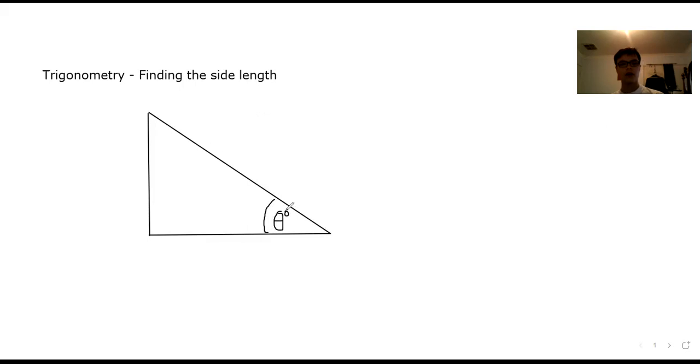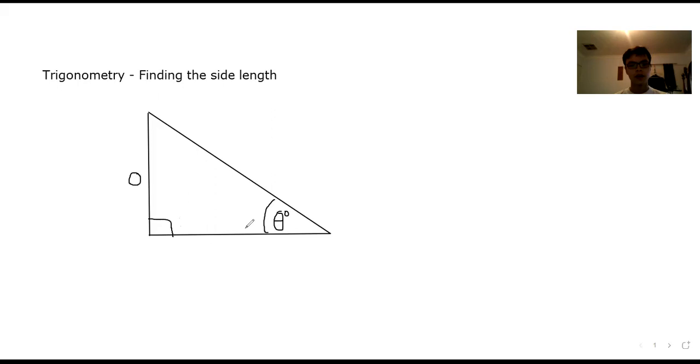Let's start off by labeling our sides as opposite, adjacent, or hypotenuse. We use our angle as the reference point. The side that's opposite the angle is our opposite side, which we denote as O. The side right next to the angle, perpendicular to the opposite side, is the adjacent side, which we denote as A. I should draw the right angle here.